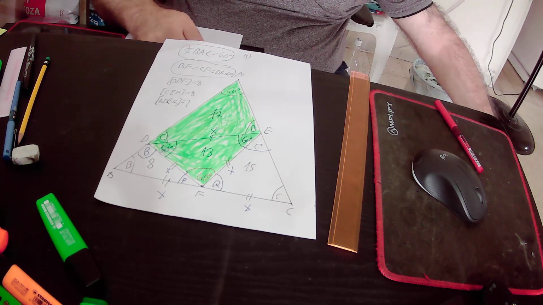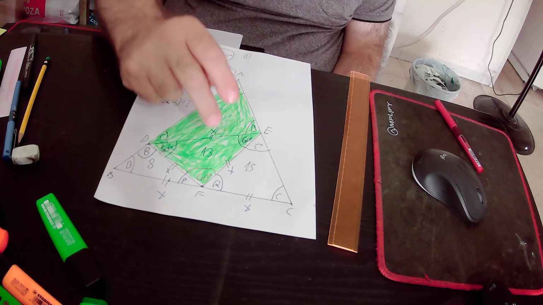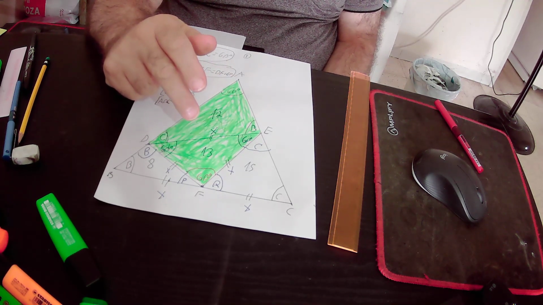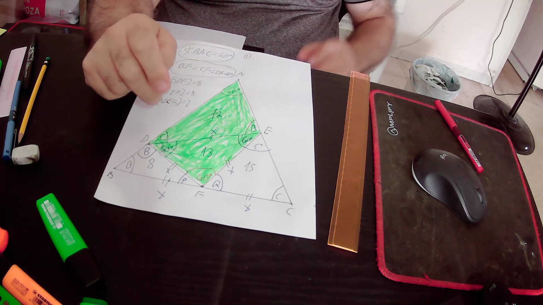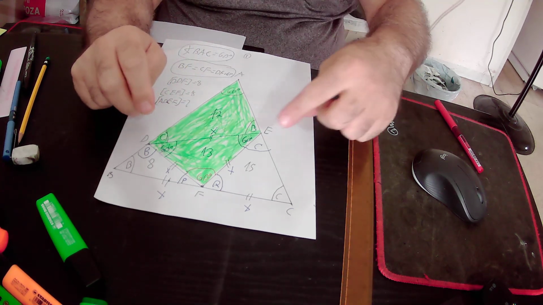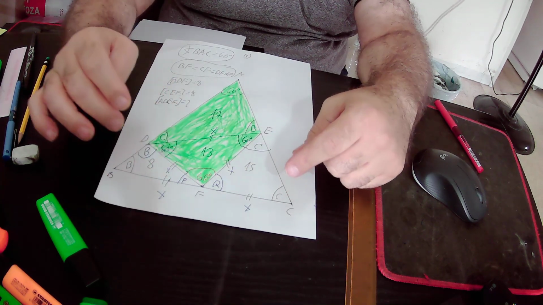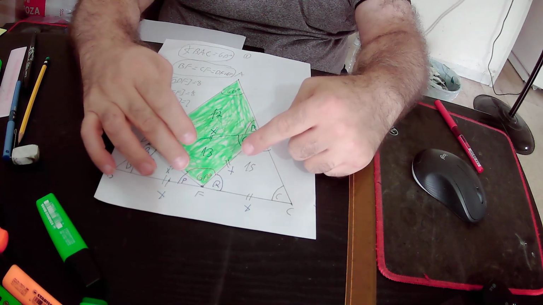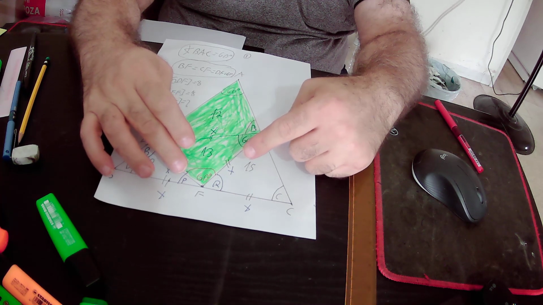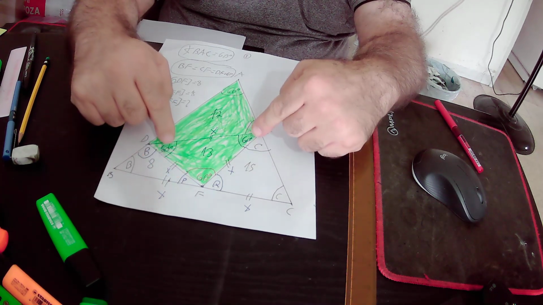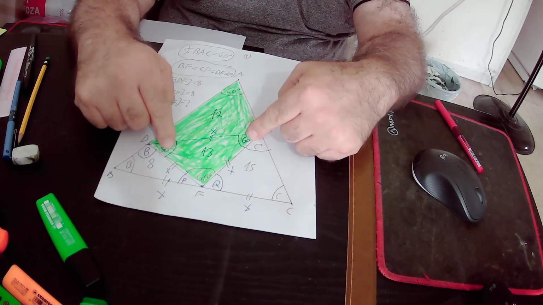So we know that in triangle EFD, the sum of its angles is equal to 180 degrees. And we also know that side EF equals side DF. And according to the rule that opposite equal sides in a triangle there are equal angles, those two angles are equal to each other.